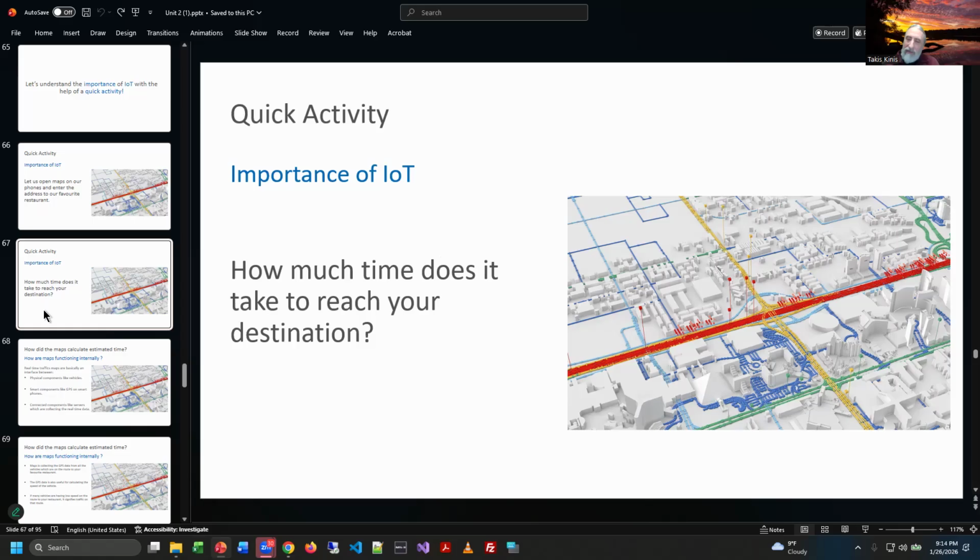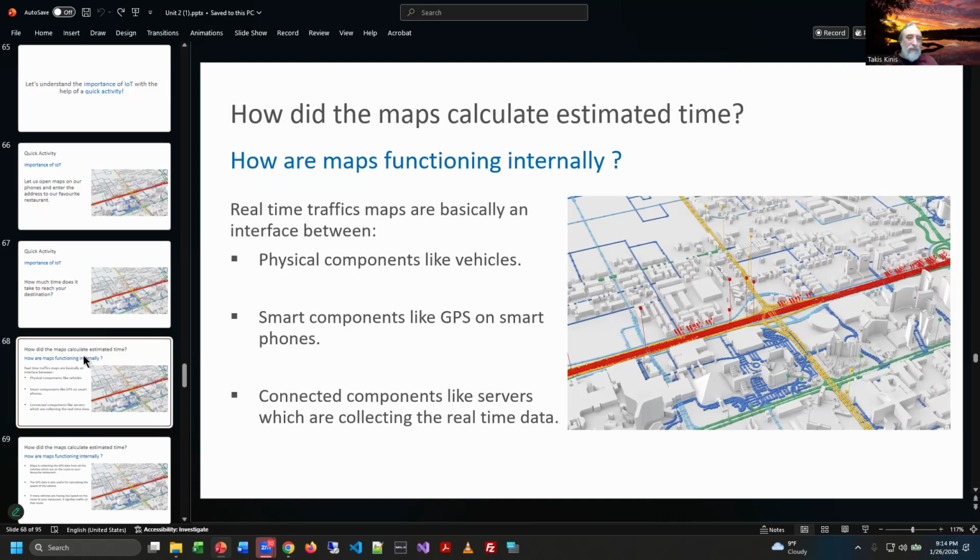So like they say, take out your phone, plot a route to somewhere, and then they ask you these goofy questions, like how long does it take to get there, right? A pretty basic question. But they use all these network of devices, and the traffic networks are really pretty impressive. Now, granted, going down the side street in your neighborhood, you're not going to have these sensors.